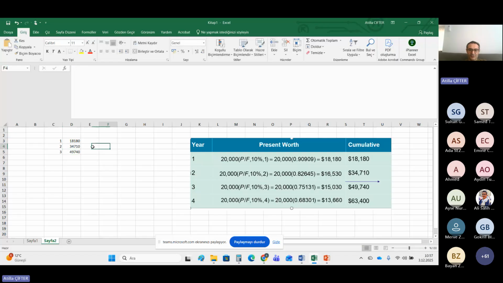So if you have a $40,000 investment, then the second year will be the base, okay, year 2.